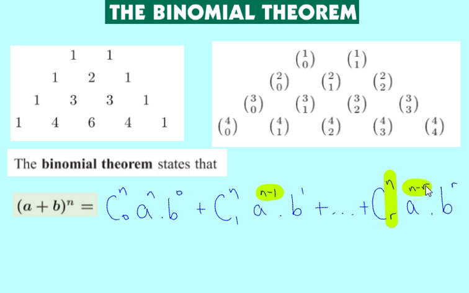Likewise, power, difference of those two, there. While the power on the second term is that base number there. So power of 1, base number 1; base number r, power of r there. So this here is the general term.